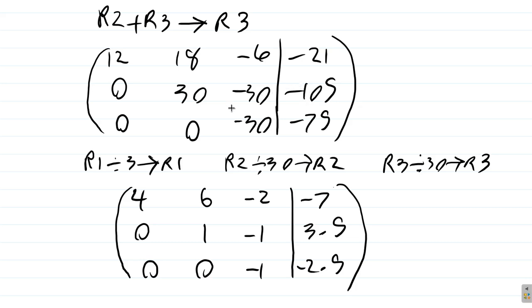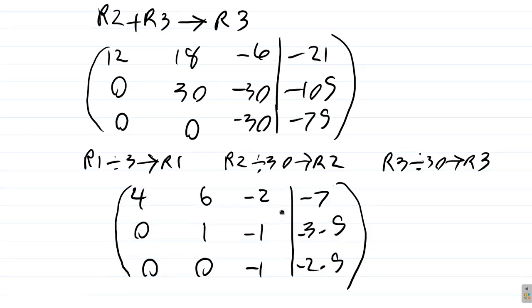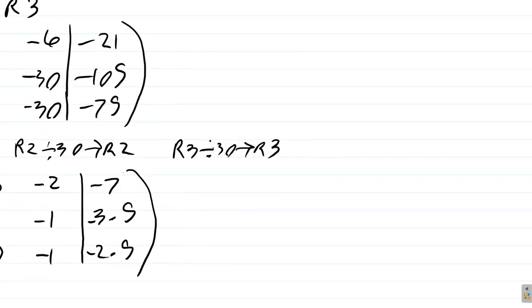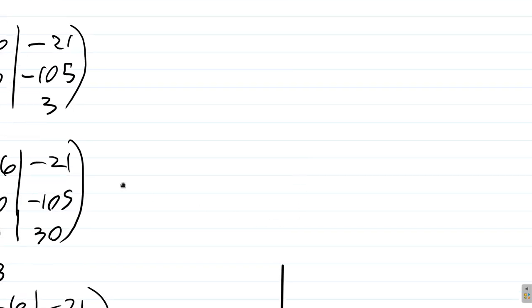I don't want to make the mistake of leaving out the negative signs. We run out of scrolling space, so let's just draw this line and continue working on the other side of this line.